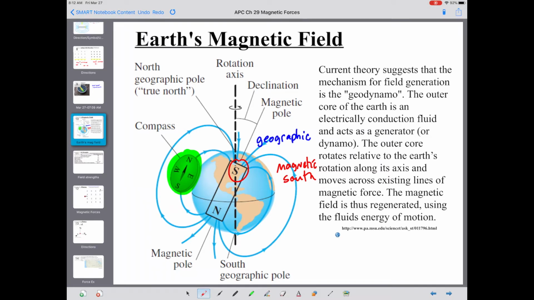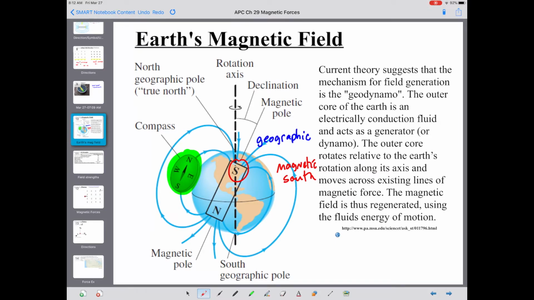The magnetic north is actually at Earth's geographical south pole. Now, the Earth has a magnetic field because in the molten core of the Earth you have moving fluids, you have moving charges, and so as a result, that produces a magnetic field for the Earth.